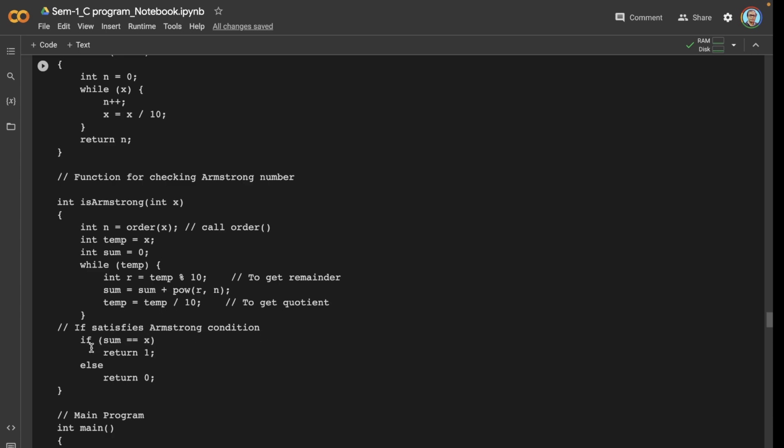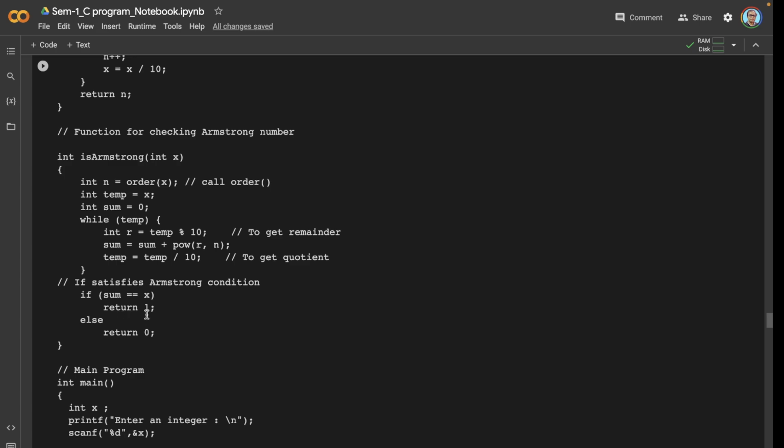So if it satisfies the Armstrong condition, that is, if sum equals x, this is the power to the number of digits. For 153, r is 1, n is 3, and next plus 5 to the power 3 and 3 to the power 3.